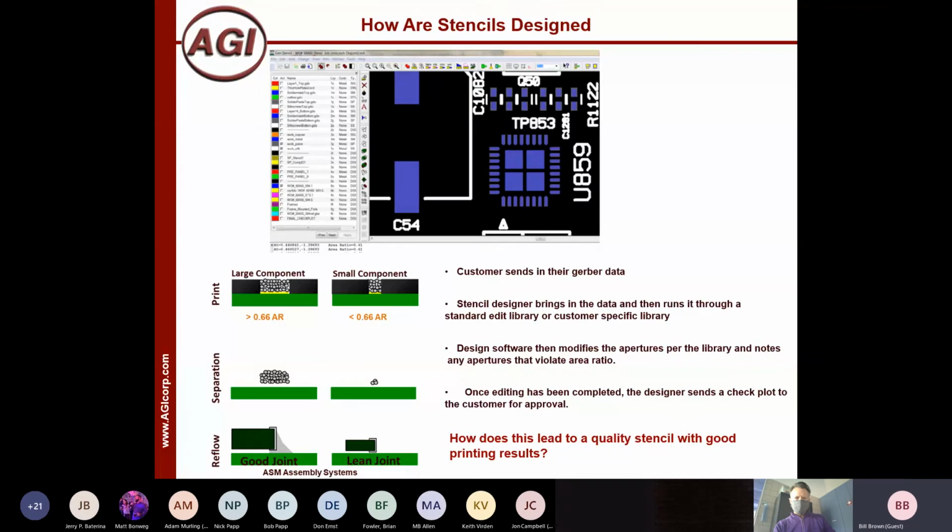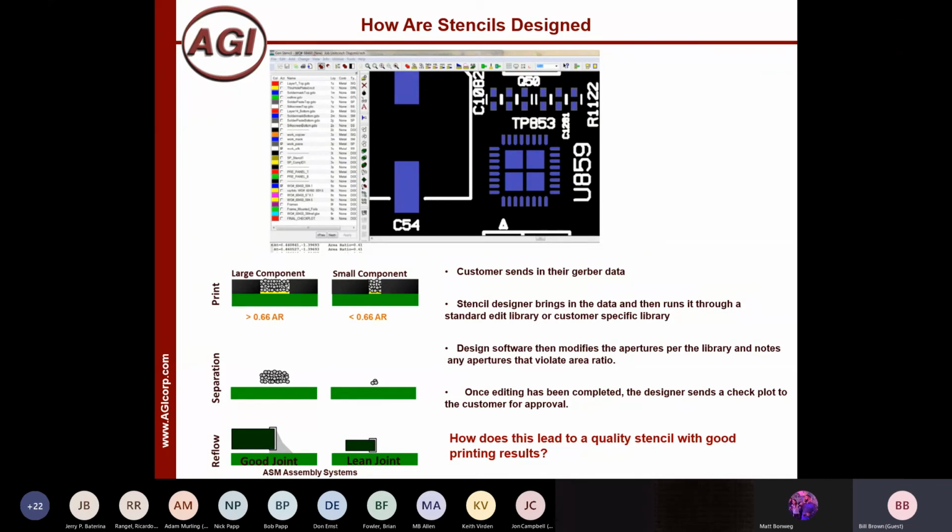So that's one step, for the standard library. But if customers through their own experiences have different aperture designs that they like to be implemented into their stencil design, then we create custom libraries or custom scripts for them. Once it runs that stencil through that design phase, it would bring in their script and apply their custom script to their stencil. And that's something that we do for all of our customers.